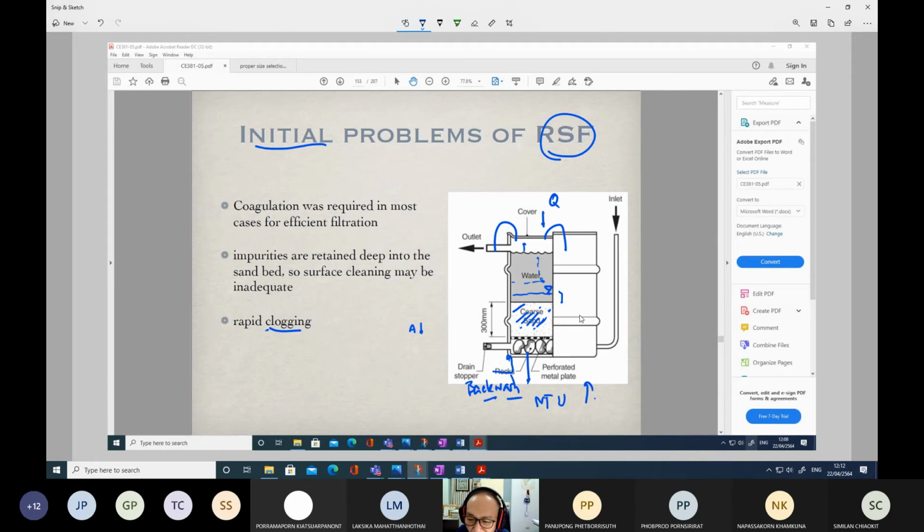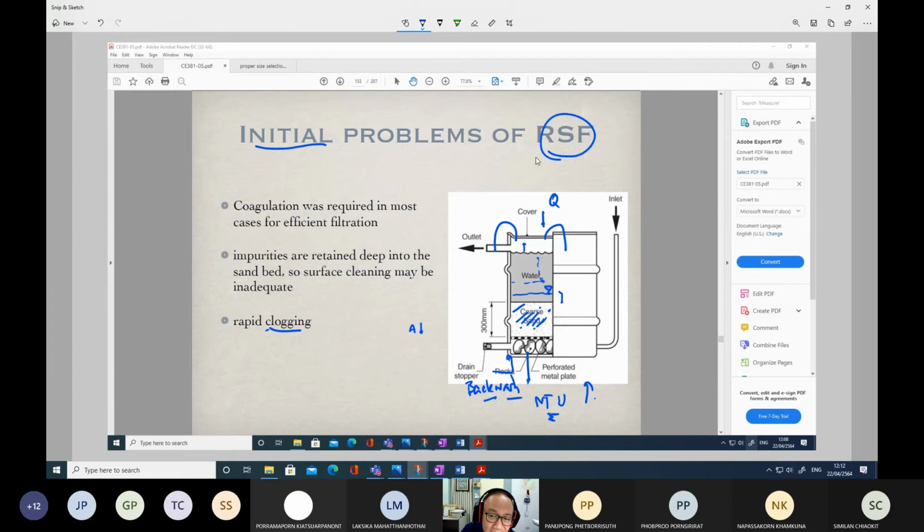Just imagine all the pores get clogged and full of suspended solids with no more space. Then the water flows through this pore, so it may push some of the suspended solids along with the effluent. So at the end, the turbidity will increase.